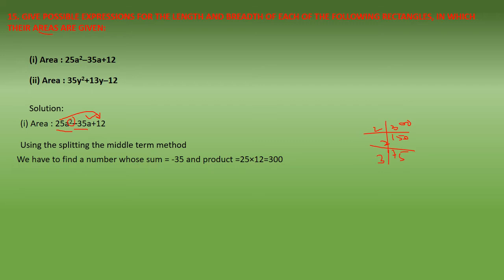Yes, we can divide it by 3, and we get 25. But 25 cannot be divided by 3, so we try 4. We cannot divide it by 4. So we try 5. Yes, we can divide it by 5, and we get 5. 5 cannot be divided further. So these are the factors.